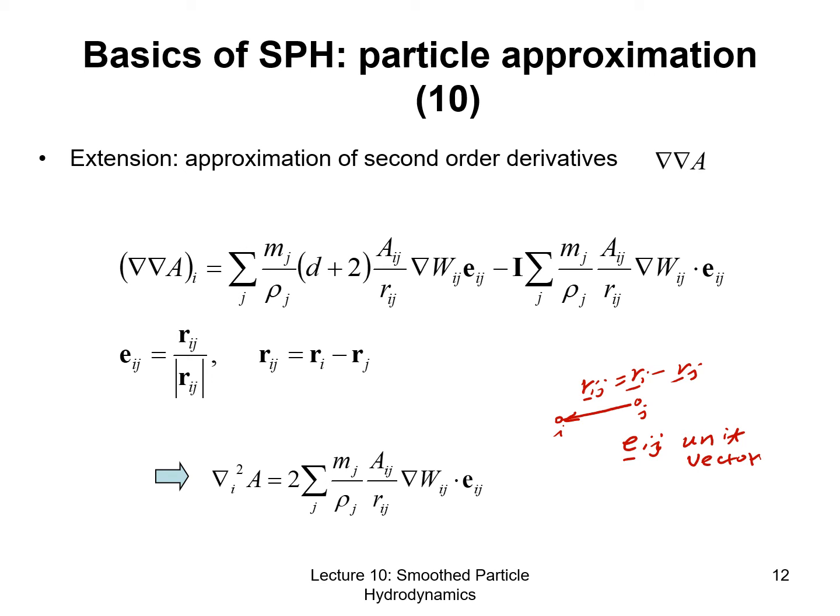With this, you are able to approximate the Laplacian by particle approximation. So now you have basically all the operators approximated, and you can apply them to discretize the Navier-Stokes equation.